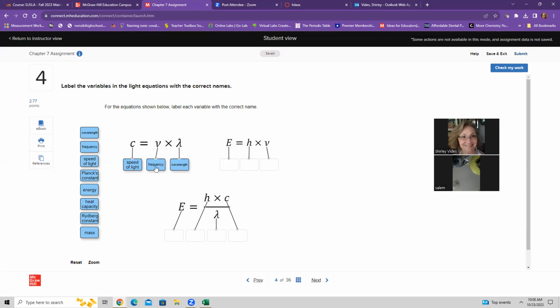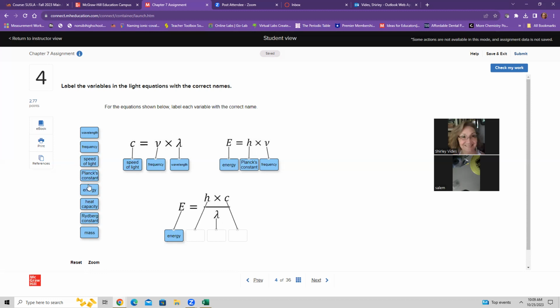Remember that? So the speed of light is equal to the frequency times the wavelength. Energy is equal to Planck's constant times frequency, correct? And then energy down there also, you can put it either way. It just depends on what information you have. You use either one of these two energy equations to calculate it.